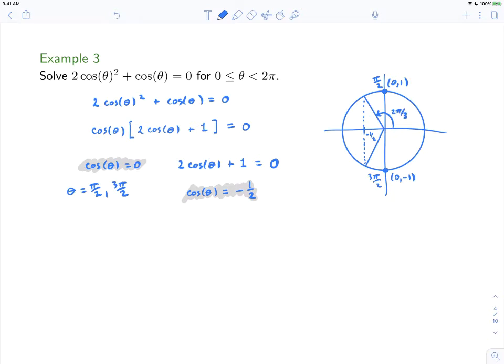And the second angle, where we go all the way around here, is 4 pi over 3. We know that because this is 1 pi over 3, 2 pi over 3, 3 pi over 3 is pi, and then 4 pi over 3. So that gives us two more angles: theta is equal to 2 pi over 3 or 4 pi over 3.